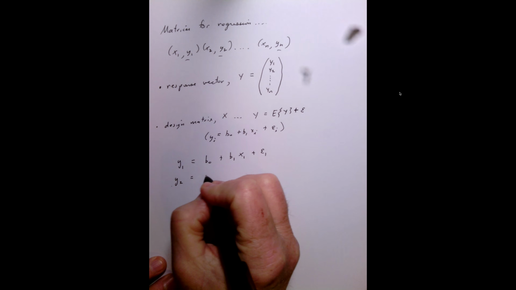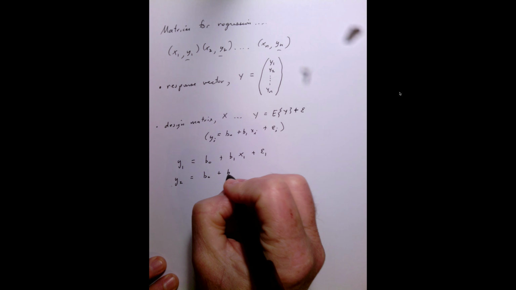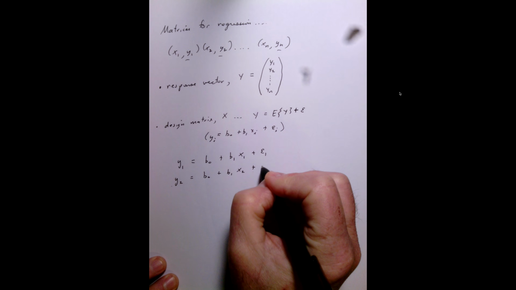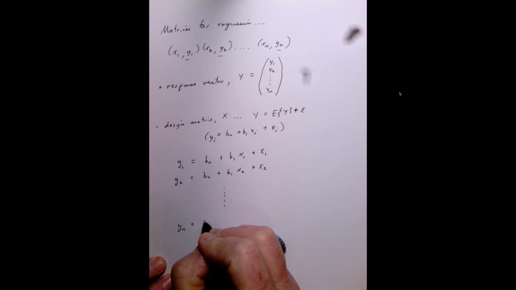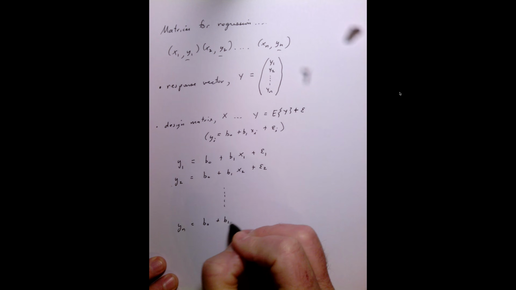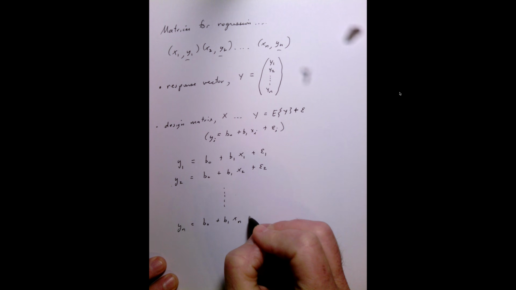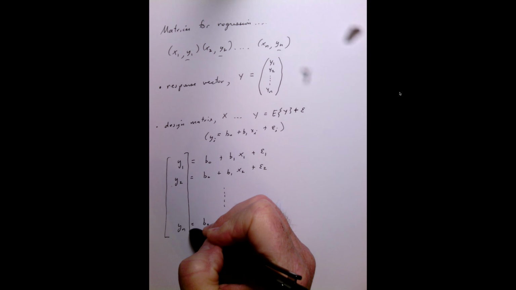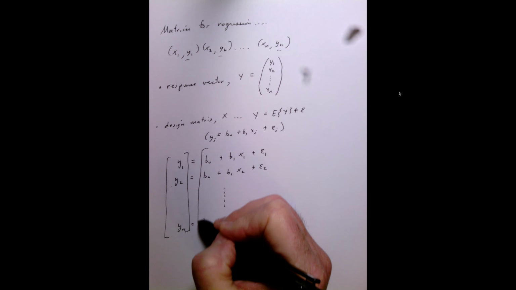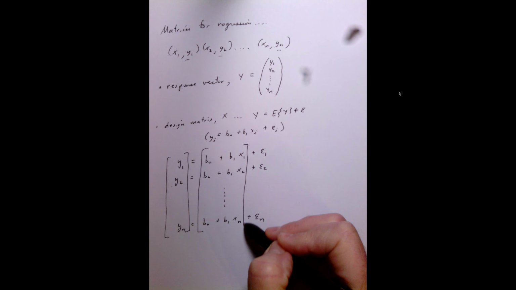For the second, a beta 0 plus beta 1 x2 plus its own error term. We repeat that down to the nth term.